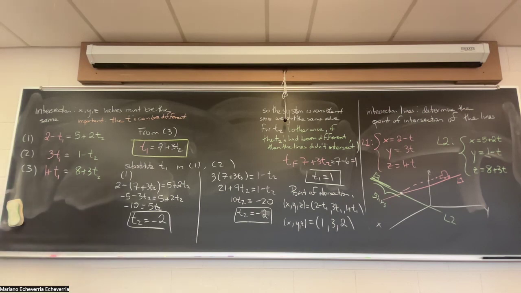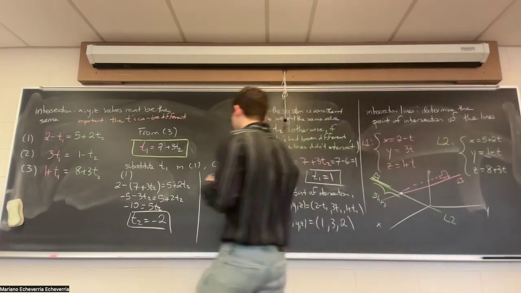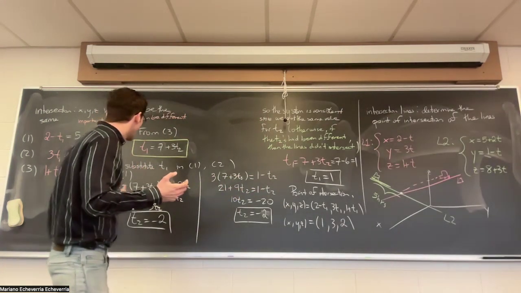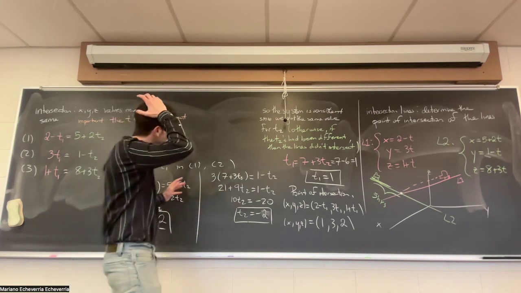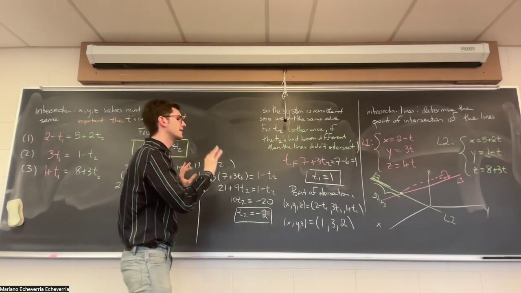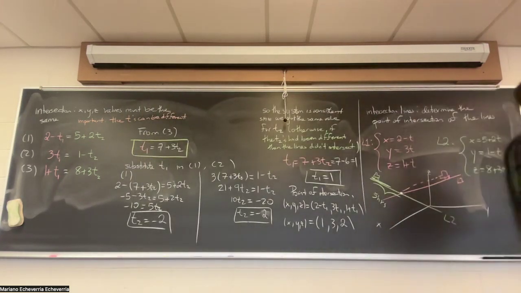Is it possible for the T1 and the T2s to solve correctly, but it's still not consistent? If they solve correctly, as in all the equations agree on the values, then there definitely is a solution. There are better ways of doing this where the inconsistency is more explicit, because literally you get something like 0 equals 1 or something of that sort.